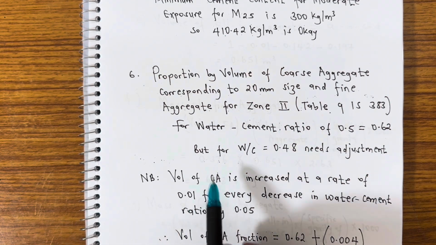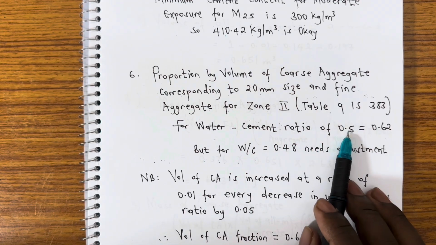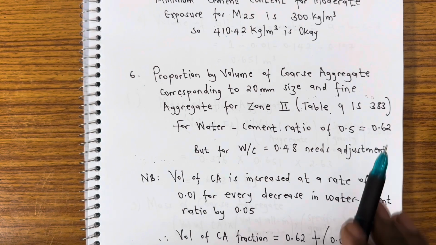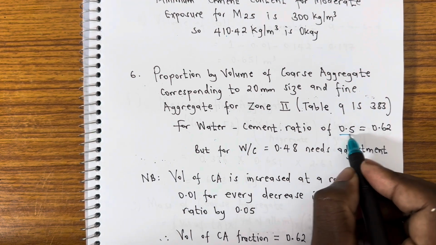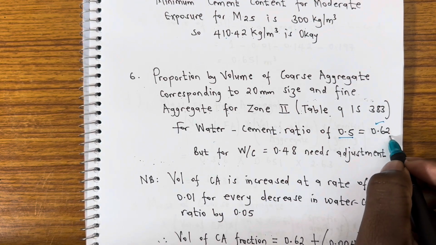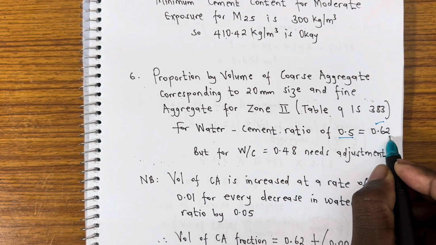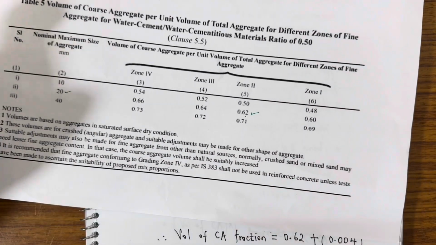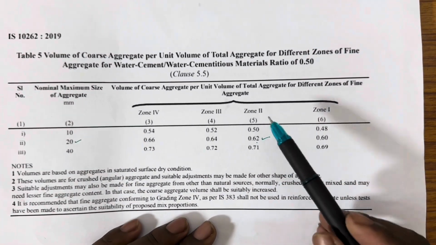A water cement ratio of 0.5 produces a volume of coarse aggregate of 0.62. If the water cement ratio is only 0.5, the volume of coarse aggregate is 0.62. Where did you get it from? This is from table 5 under zone 2. Now in zone 2, look at this table carefully.